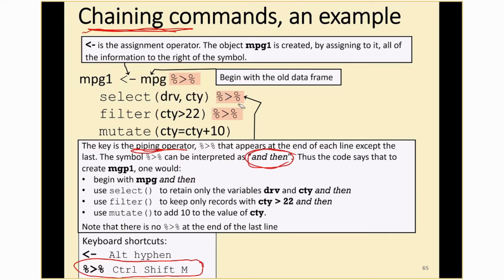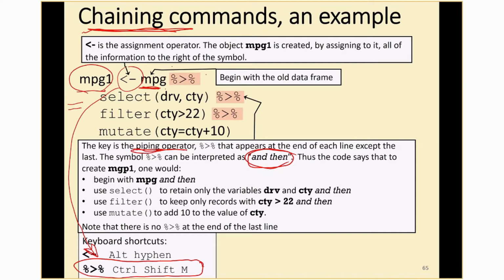So, to create MPG1, there's my assignment operator. If you want a keyboard shortcut for that, there's the keyboard shortcut. It's worth knowing that you could use an equal sign rather than an assignment operator, but that doesn't appear very elegant, so normally we don't. Anyways, to create MPG1, I'm going to begin with MPG and then.